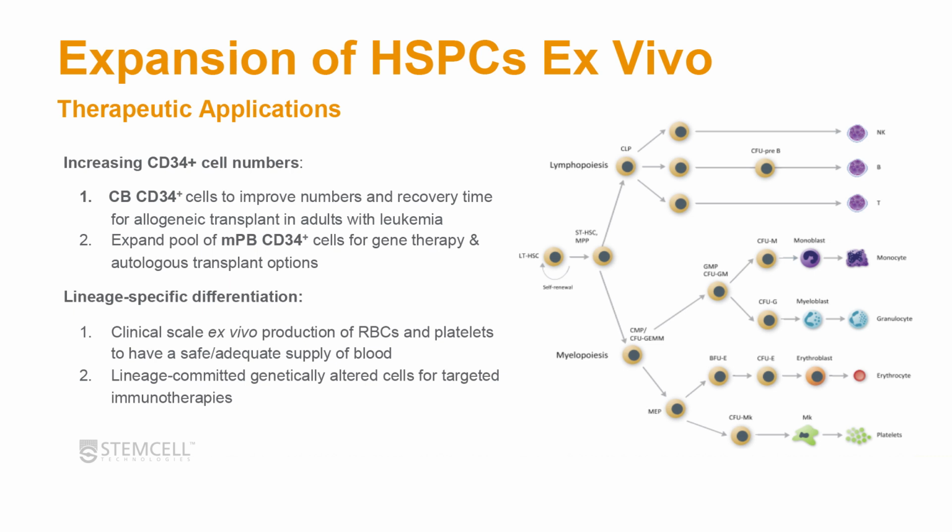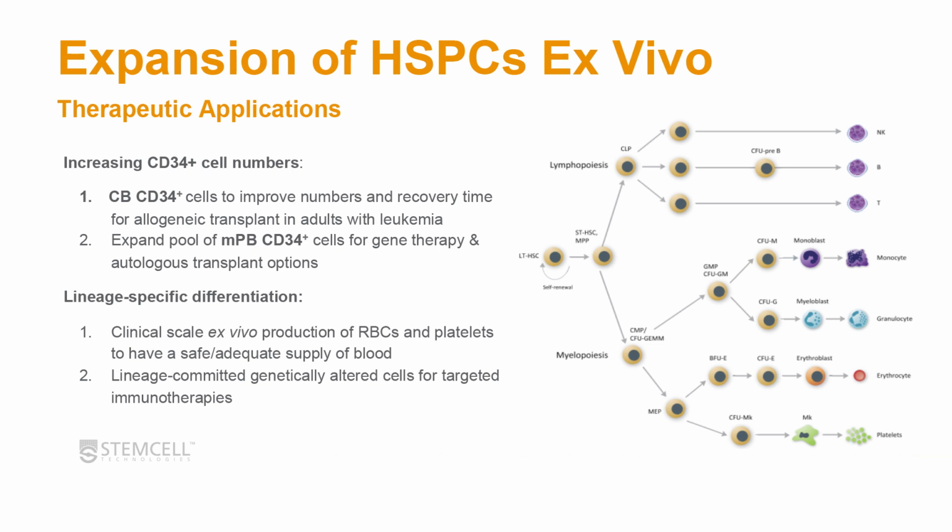The issue, and the reason it's still being studied today, is really how do we optimize this and make it cost effective. The other one, of course, that is booming right now and is probably really only in its infancy, is the generation of lineage-committed genetically altered cells for targeted immunotherapies. So we're now also looking at using hematopoietic stem cells and properties of T cells, for example, to really increase the quantity of those cells and genetically engineer them so they can be targeted not only for blood cancers, but other types of cancers.